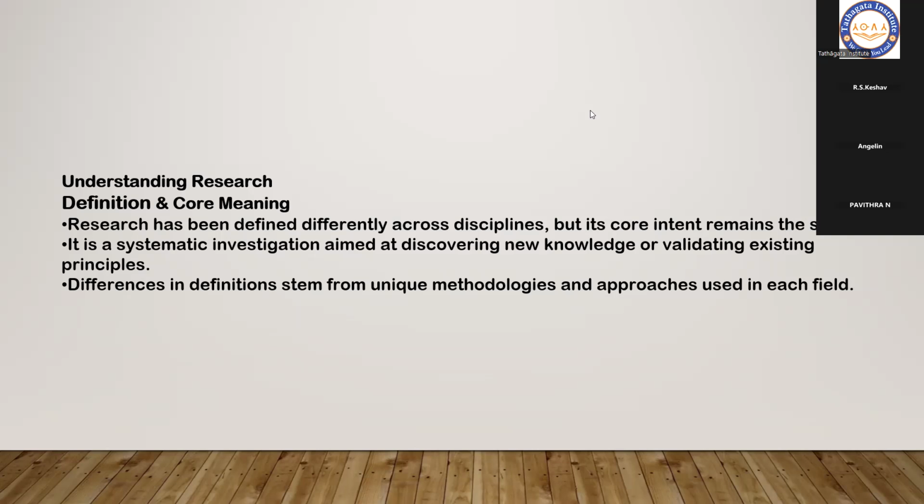The core of research is to solve problems, understand concepts or make decisions. Just the name and the definition for each discipline vary, but its core will not. The second thing that we have to remember is that it is a systematic investigation. There is a system that is followed when our research takes place. These are the two things that we have to remember from the slide.